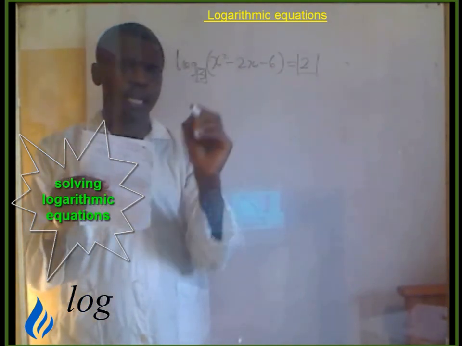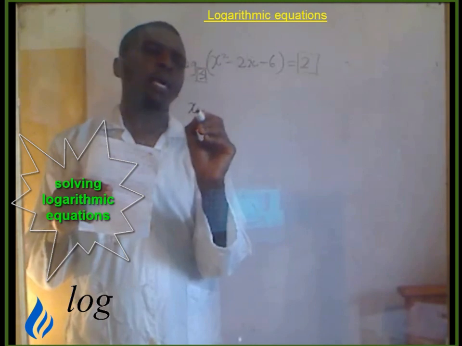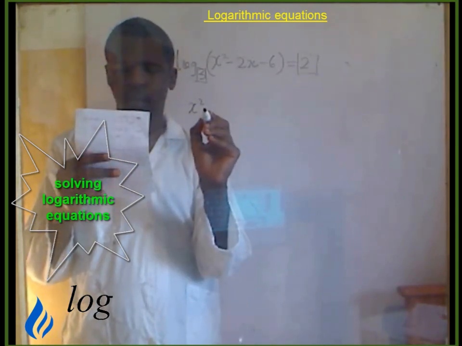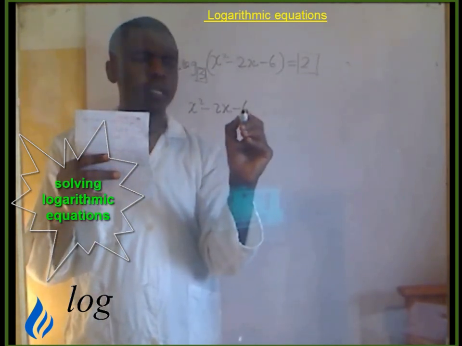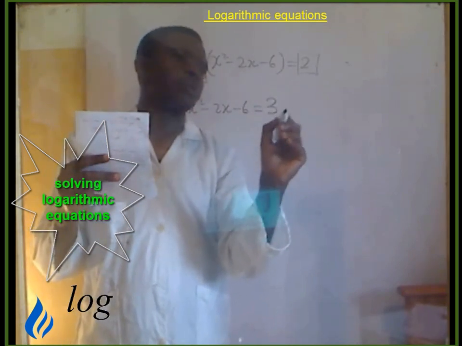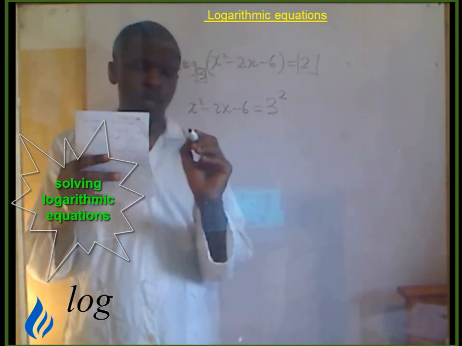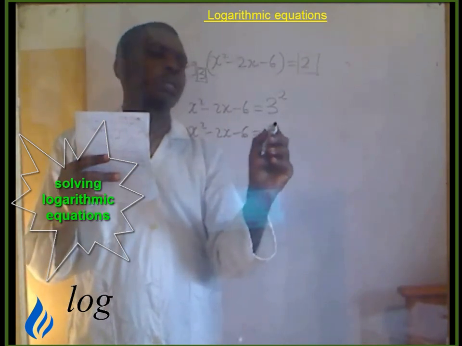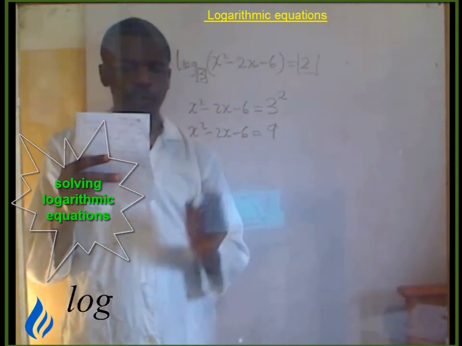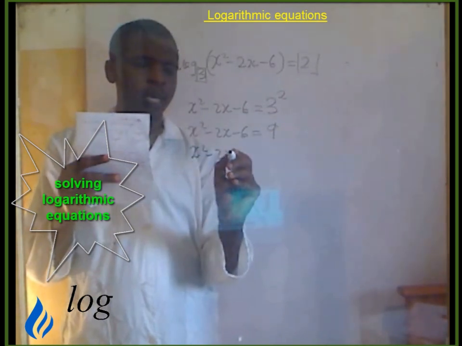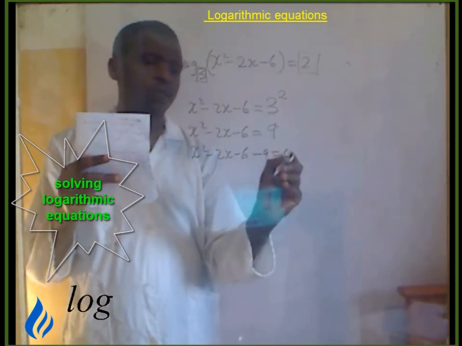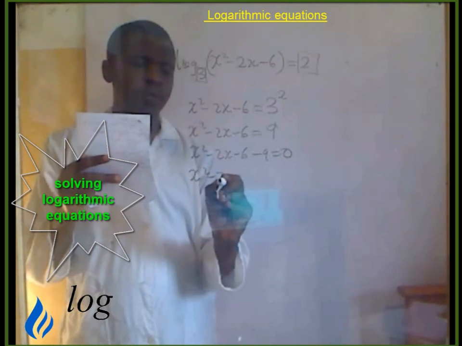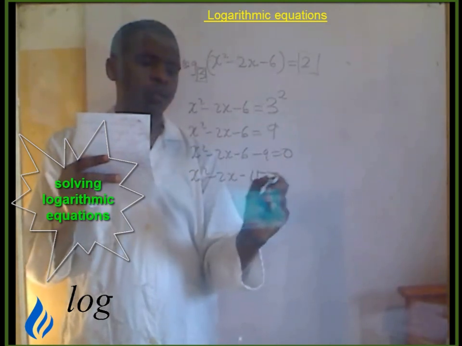So I'm saying here that x squared minus 2x minus 6 is equal to 3 raised to the power 2. x squared minus 2x minus 6 is equal to 9. x squared minus 2x minus 6 minus 9 is equal to 0. x squared minus 2x minus 15 is equal to 0.